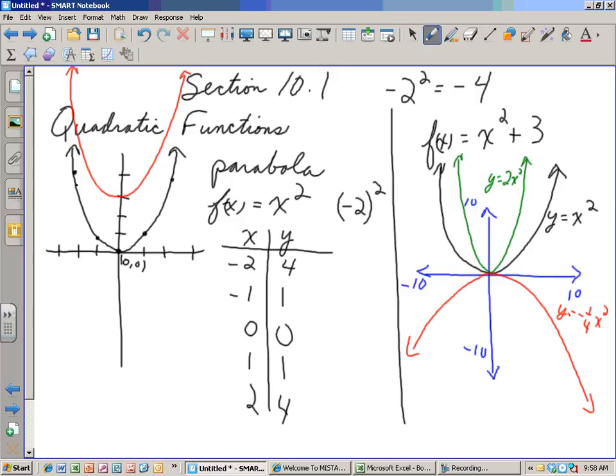Is there ever a way to make a parabola go sideways? Yes, there is. I can show you what it looks like.